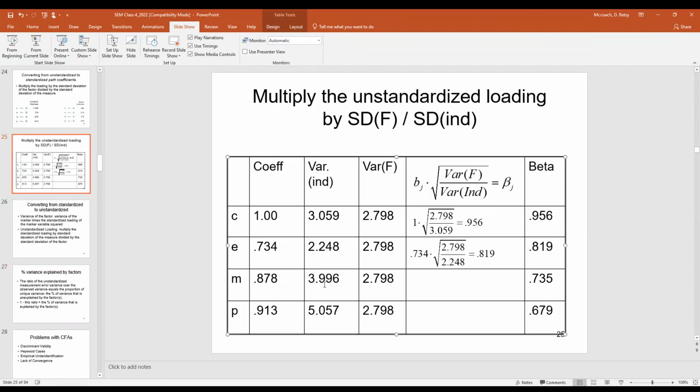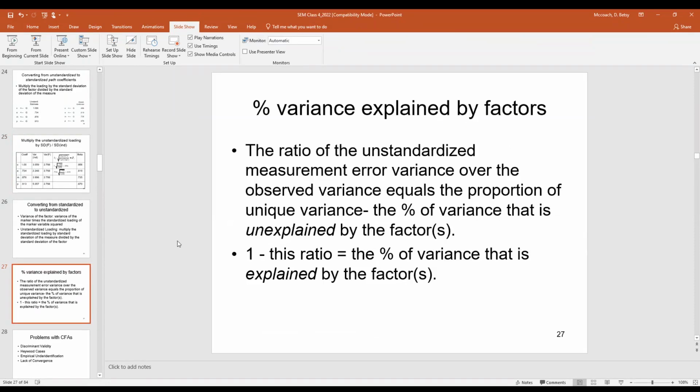So how much error variance is there? Let's say the observed variance is 4 and the unstandardized error variance is 2.